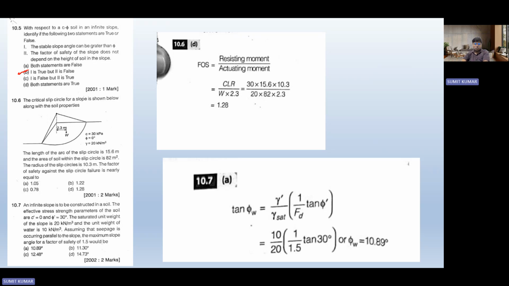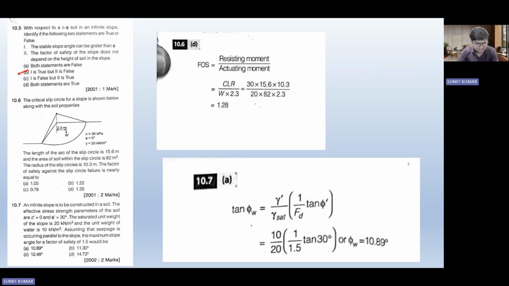The factor of safety comes out to be 1.28. Now the next question is the final question for today's session as well as the entire coursework. This question asks that an infinite slope is to be constructed in a soil. The effective stress strength parameters of the soil are C dash equal to 0, phi dash equal to 30.